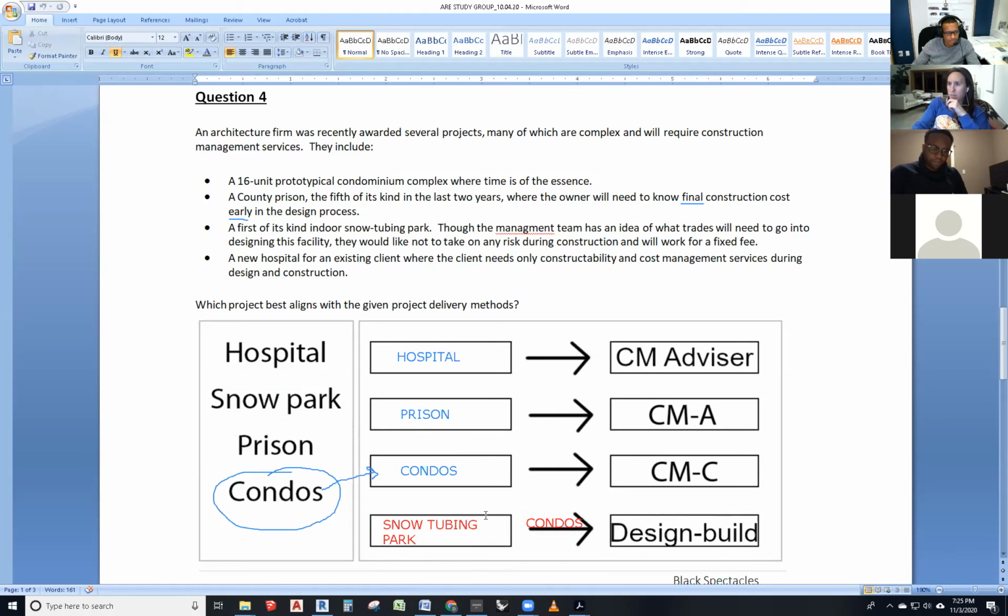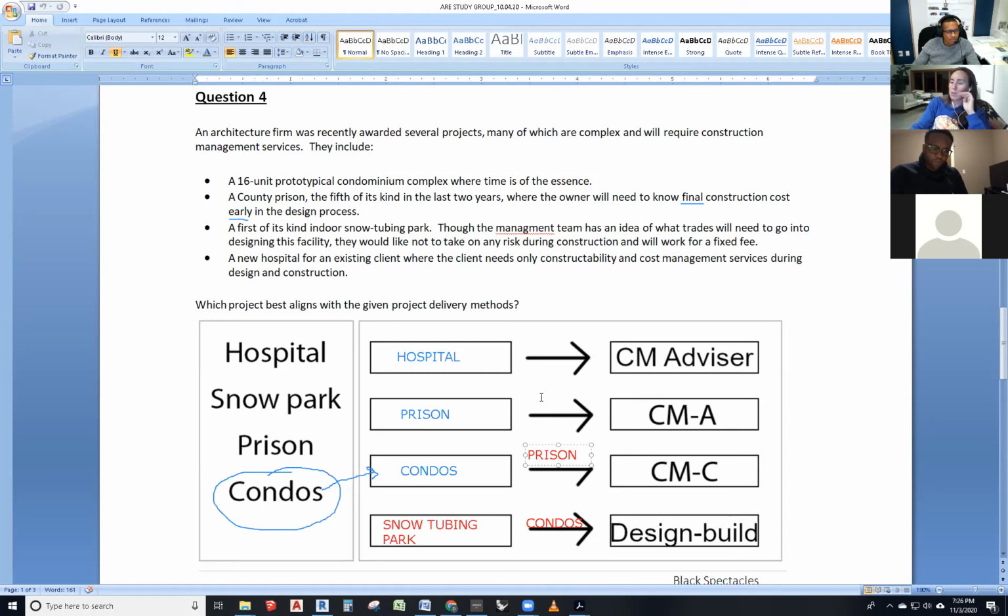And the prison, we should know final construction costs early in the design process. I would say CM advisor. No, sorry, CM constructor. Yeah, so prison CMC.